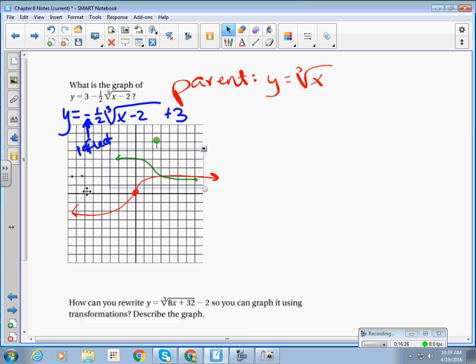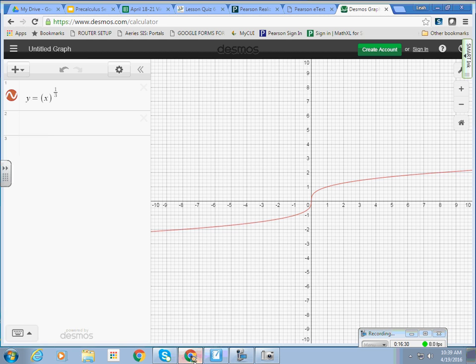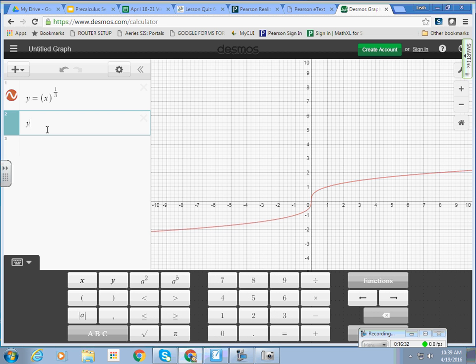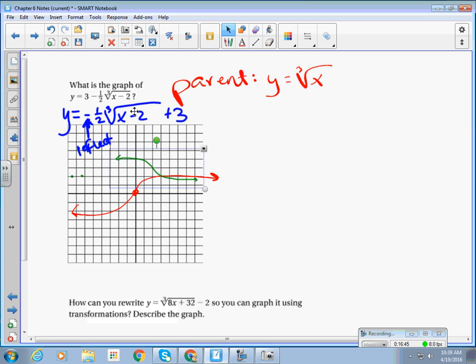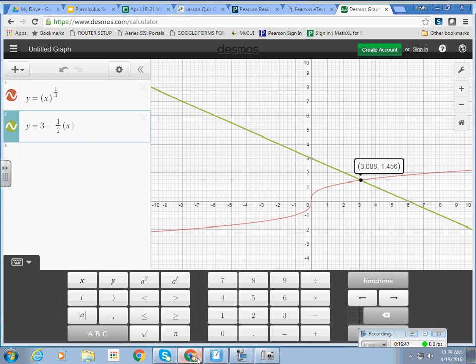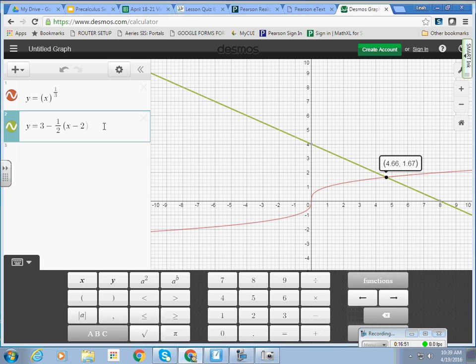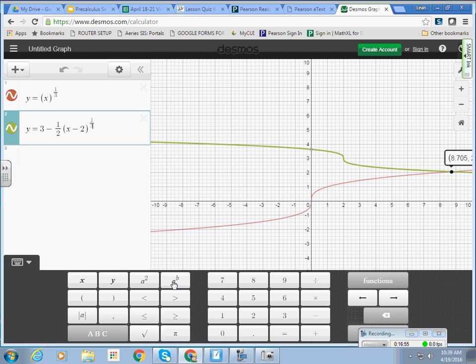So let's take a little look to make sure we got it right. X minus 2, okay, to the 1/3 power.